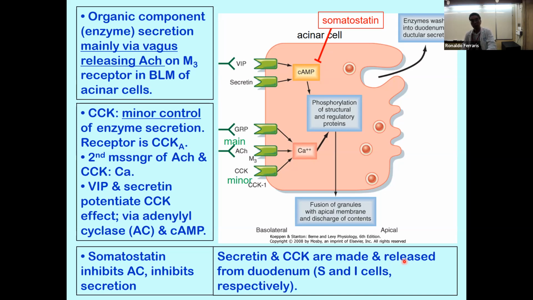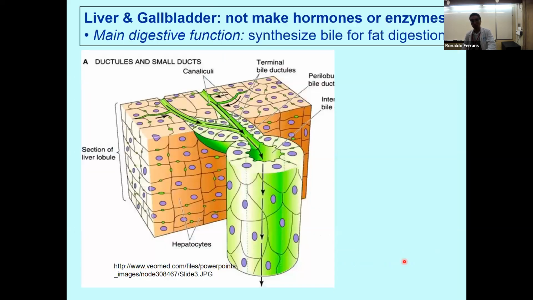So from the pancreas, we now go to the liver. The liver actually does not make hormones or enzymes, yet it plays a critical role in GI physiology.